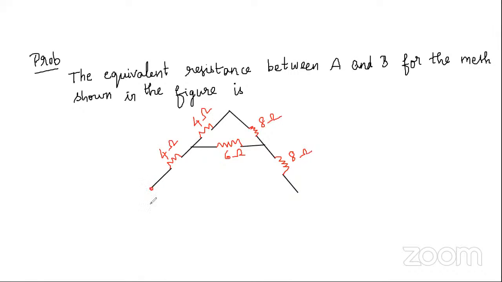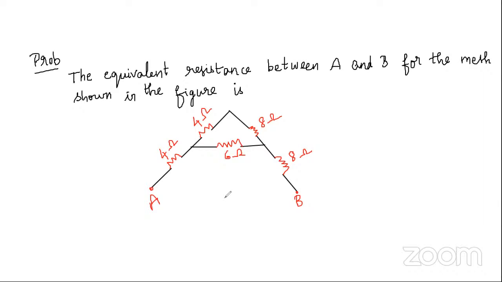So here I am having the point A and here the point B. Okay. So this is the mesh or the network. We have to find out the equivalent resistance between A and B for the mesh shown in the figure.